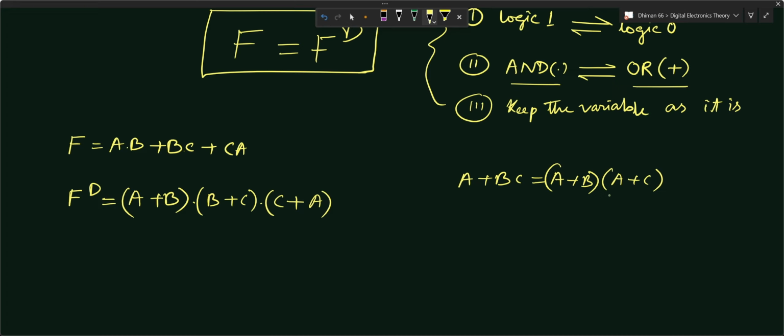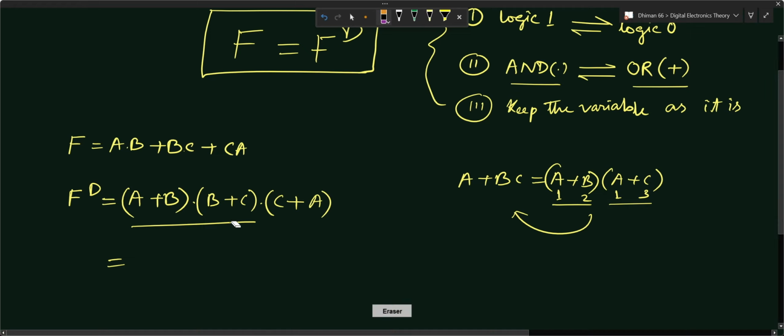So this is the distribution theorem. Now we have this right hand side, so we can write it in the form of the left hand side. Here in these two terms, suppose we number a as 1, b as 2 and c as 3. Here also we can number in a similar process, so that it will be easier for you.